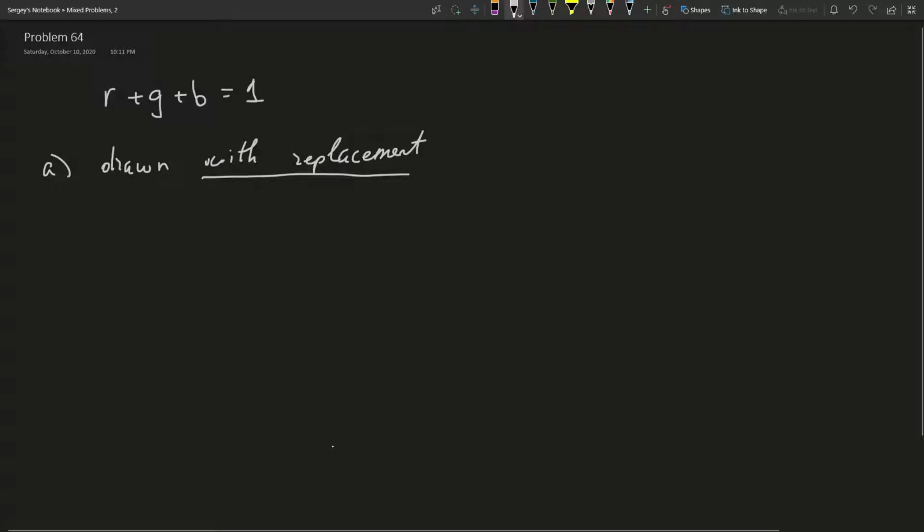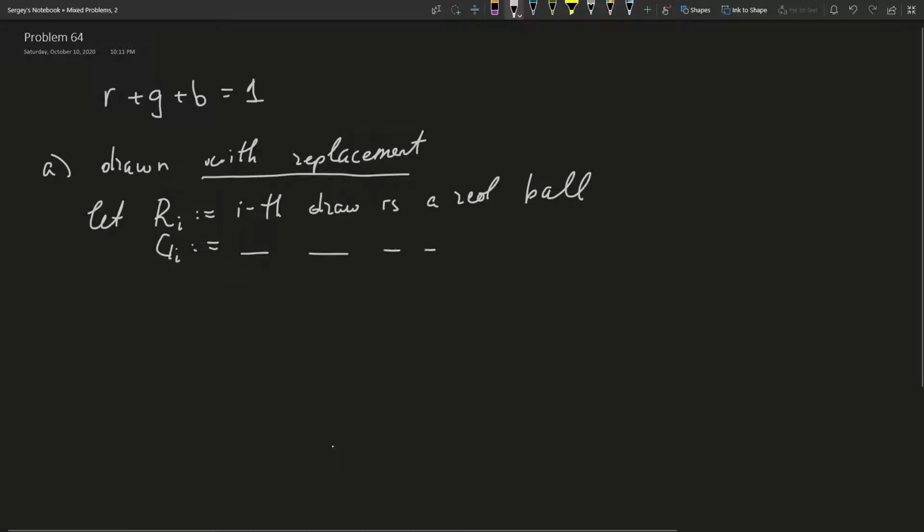So we're going to make a few notations. First, let R sub I be the event that the ith draw is a red ball. Then G sub I will be similar: the ith draw is a green ball.